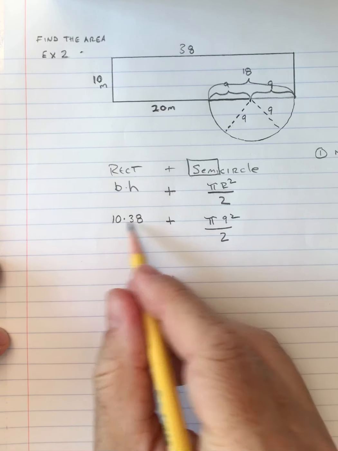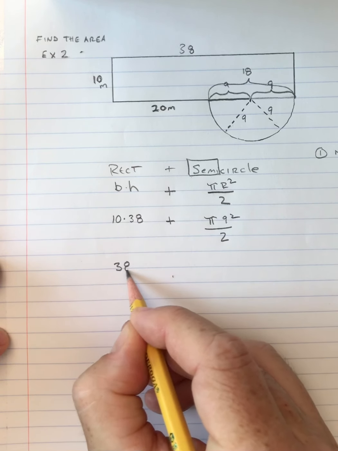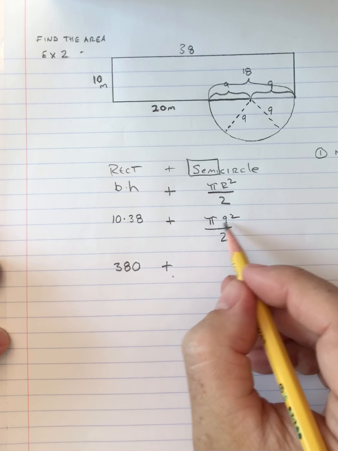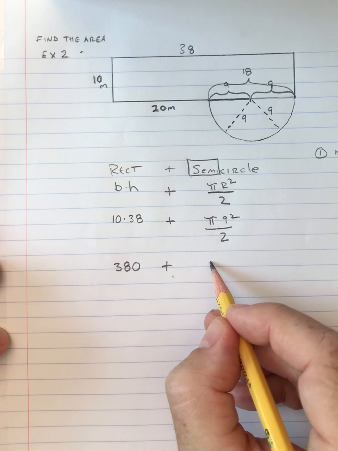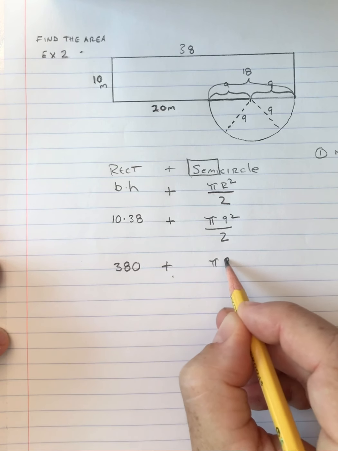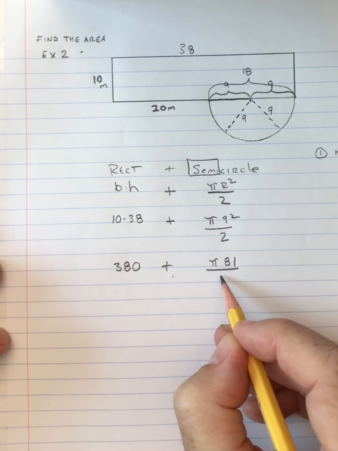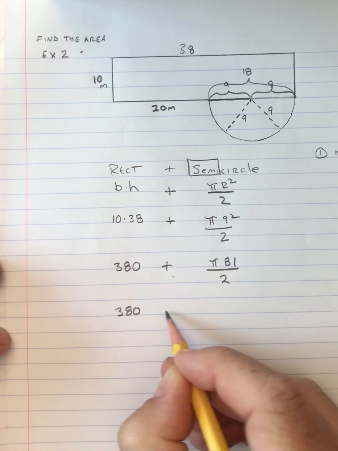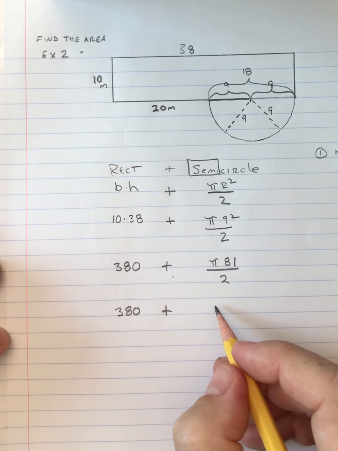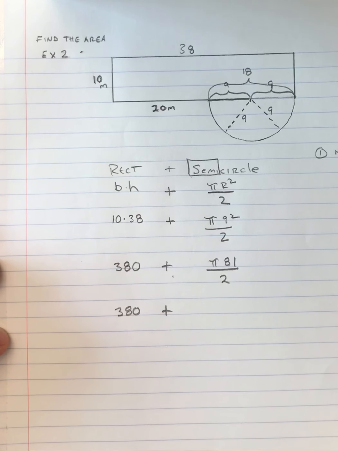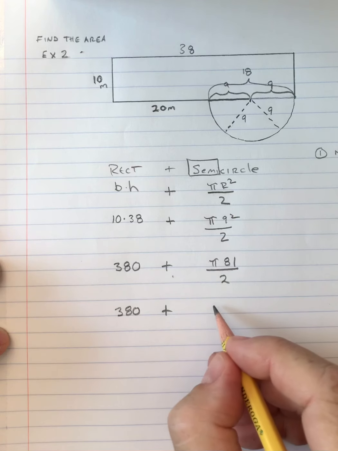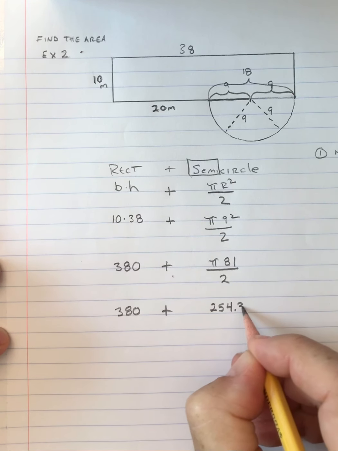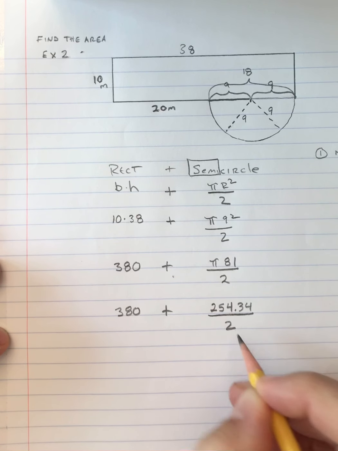Let's simplify this up again. 10 times 38, we can do that in our head, plus pi times 9 squared. That's going to be pi times 81 over 2. This is 380 plus, and I believe this is 254.34 over 2.